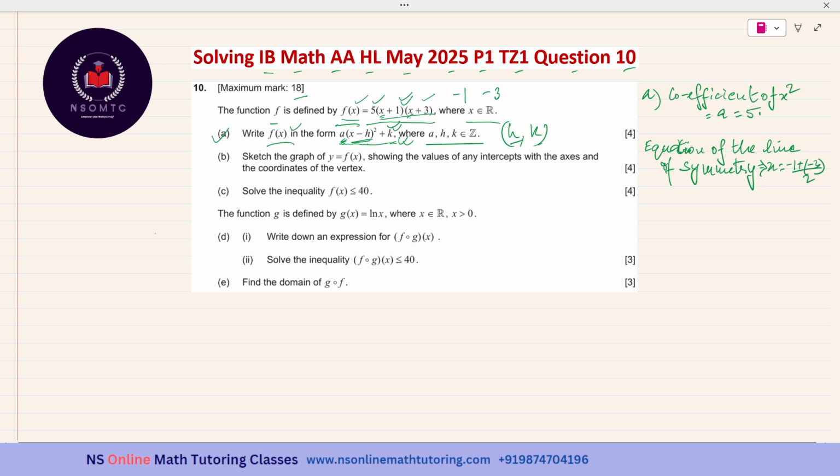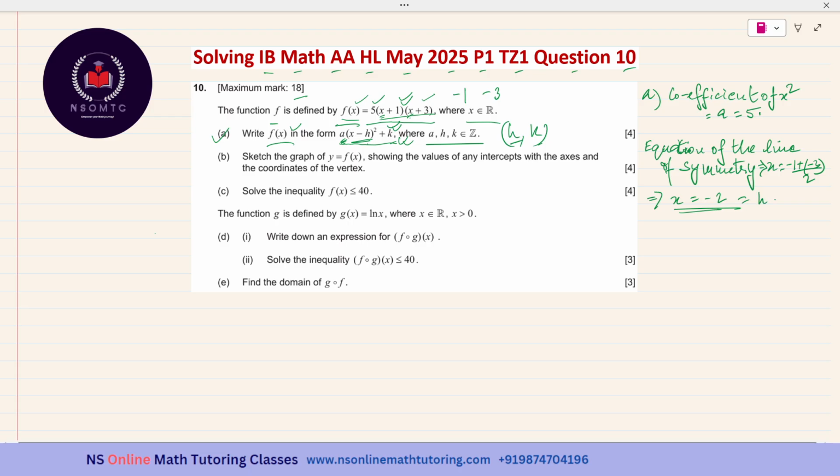So this is x equal to -1 minus 3 is -4 divided by 2, equal to -2. So this is the x coordinate of the vertex. So this should be equal to h.